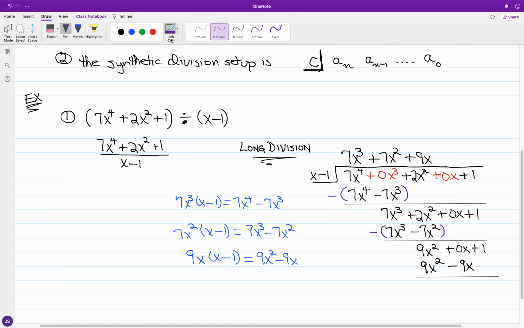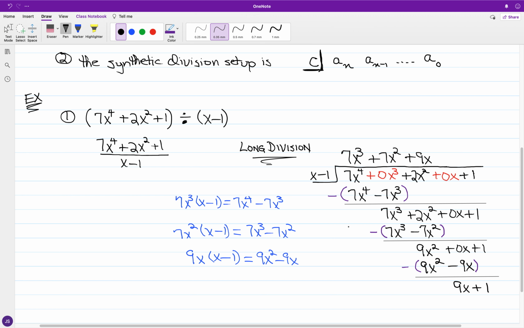And once again, applying subtraction. So we have 9x squared is going to go out. Now we have 0x, and what's going to be plus 9x. Subtraction of a negative changes over to addition. So we got 9x, and then we can bring down the 1.